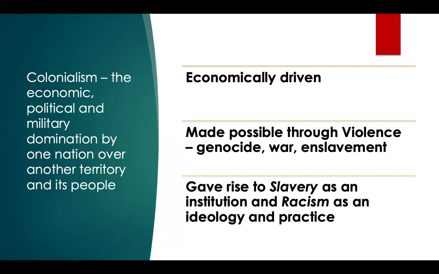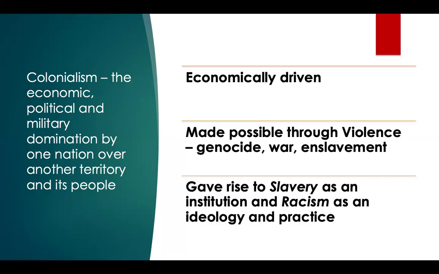Pseudo-scientific theories claimed Europeans were biologically superior, therefore the world was their playground, so they could just go and do whatever they wanted to. Also, the colonial administrative systems, that colonial governance took different forms.